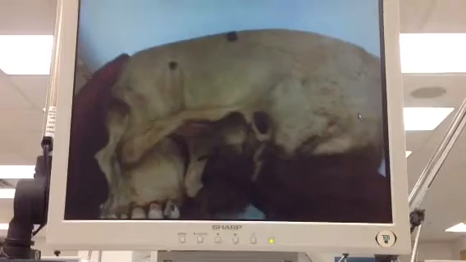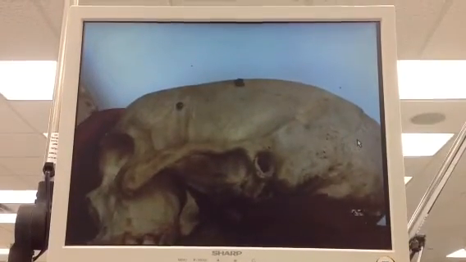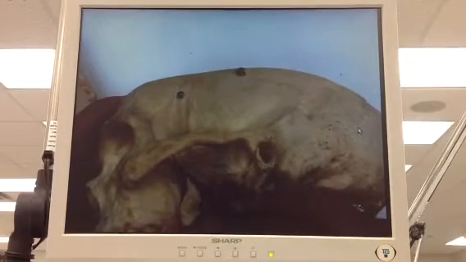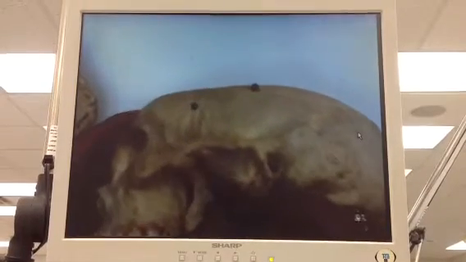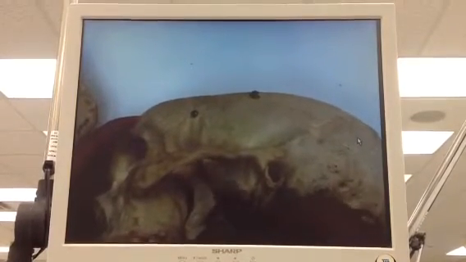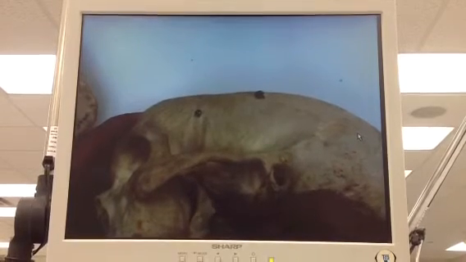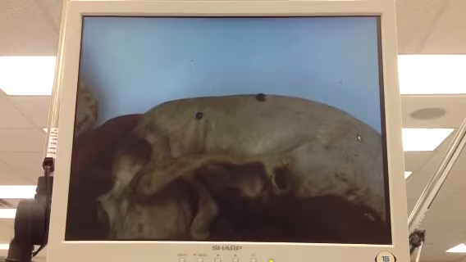The superior head will take its origin from this right here. That's the infratemporal crest going right across there, as well as some of the greater wing of the sphenoid bone. So greater wing of the sphenoid bone, infratemporal crest, right here. That's the superior head of the lateral pterygoid muscle.